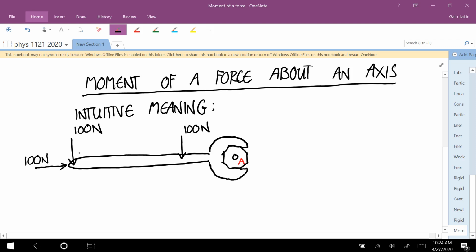But now think about what would happen if you applied that horizontal force. You're still applying it far from that point. But that wouldn't rotate this bolt at all. And so the direction comes into it somehow too.